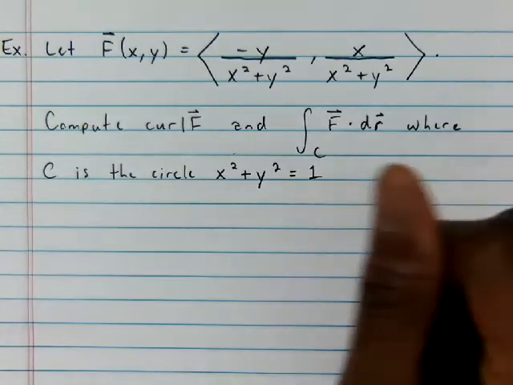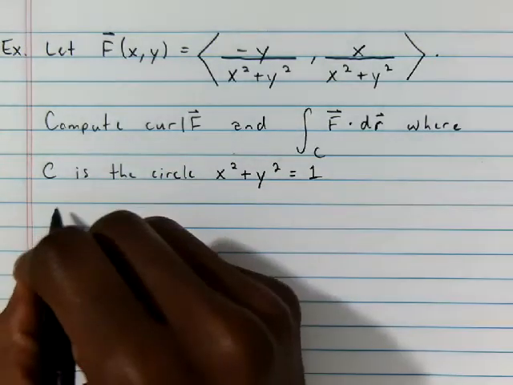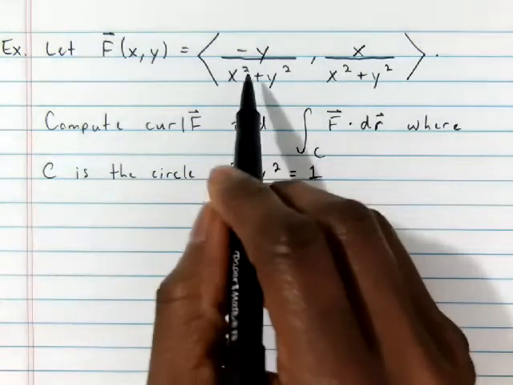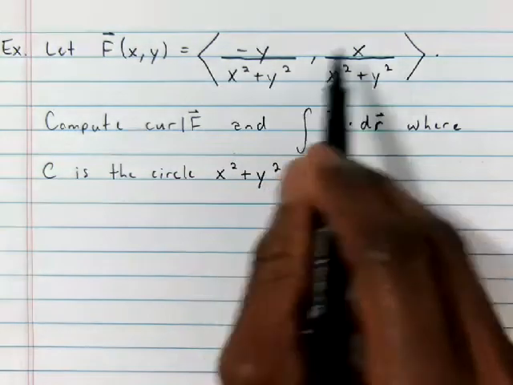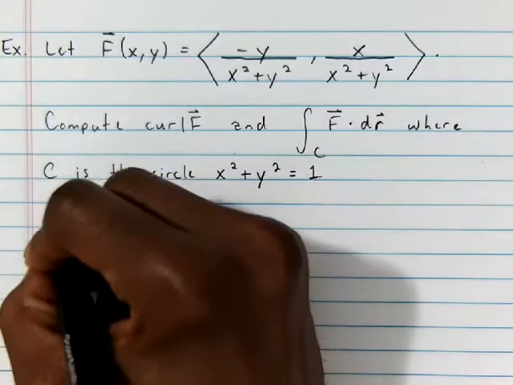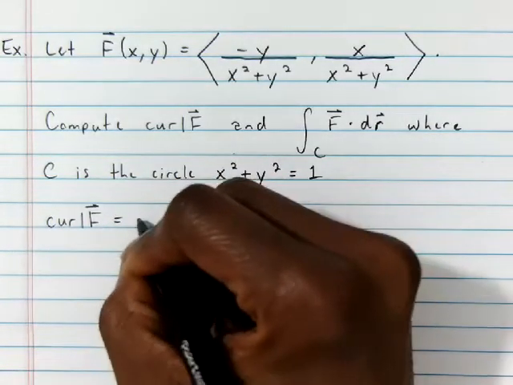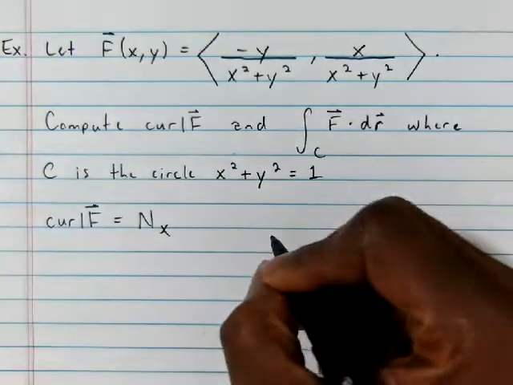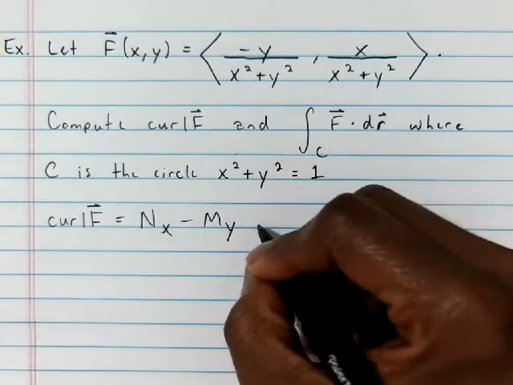All right, so first let's look at the curl of F. Remember, since we have a vector field in 2 dimensions, this is our M and this is our N, so the curl of F is just equal to the partial of N with respect to x minus the partial of M with respect to y.